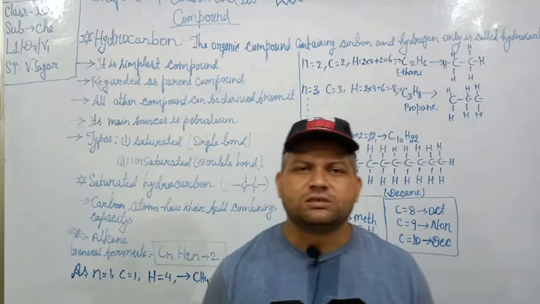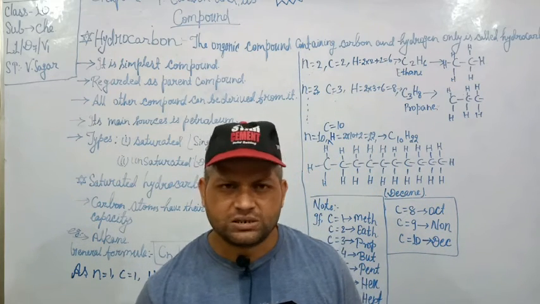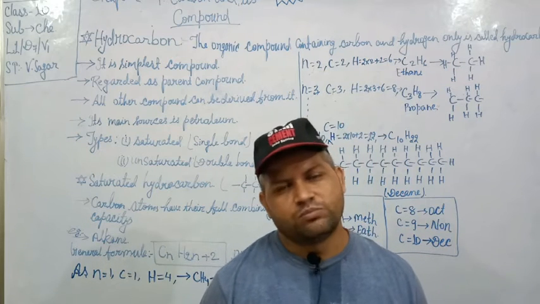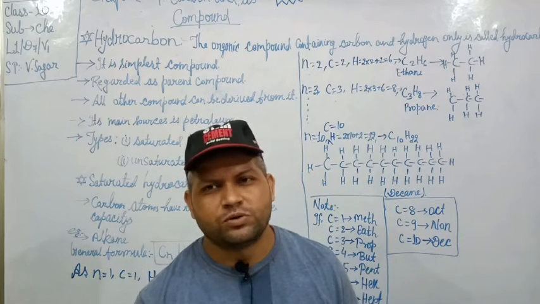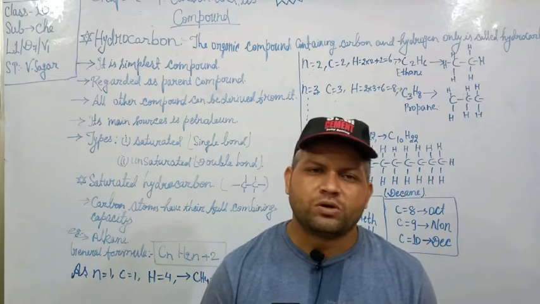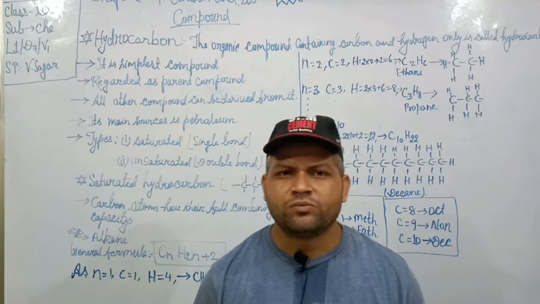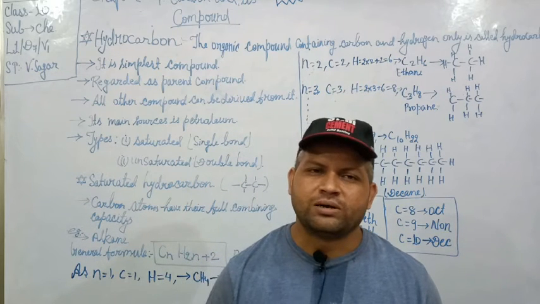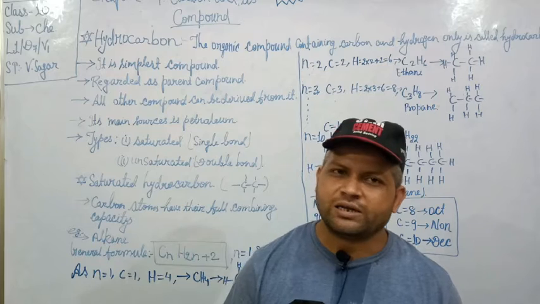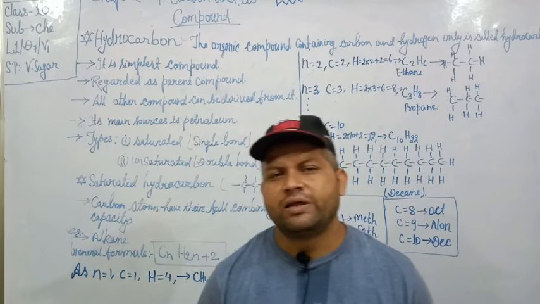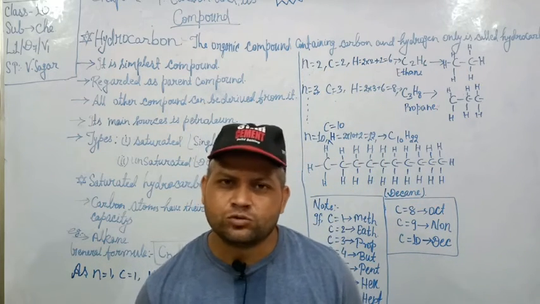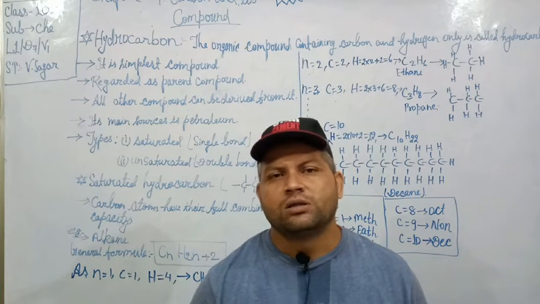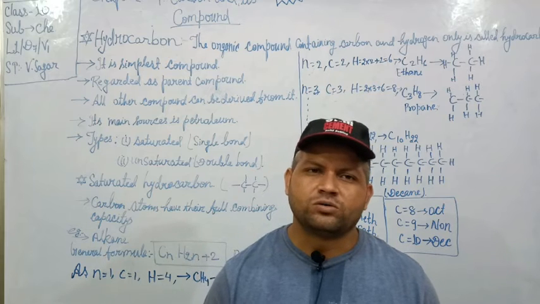This is the simplest compound, and it is regarded as the parent compound, because there are many compounds that are formed with the help of carbon and other atoms. Carbon atoms can combine with other atoms, but before combining with other atoms it has to remove its hydrogen atoms, so that the organic compounds can form.